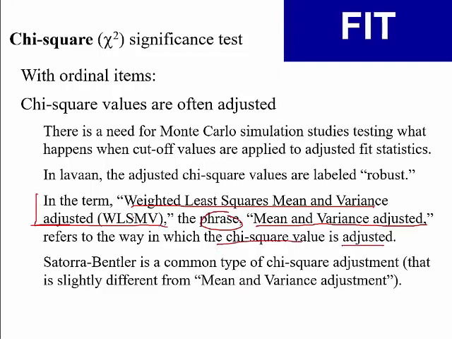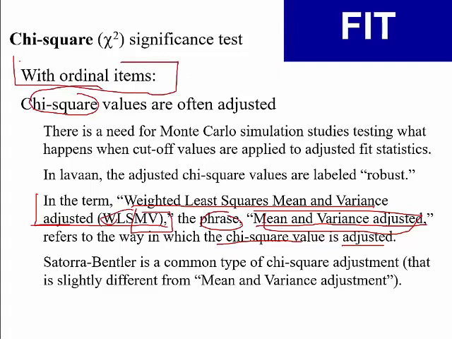This MV, or mean and variance adjusted, just refers to how they adjust the chi-square value after they get it, given that the items are ordinal. And this is something you would only do if you have ordinal items.